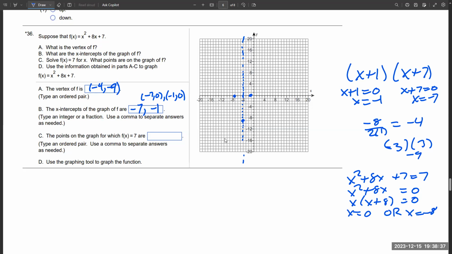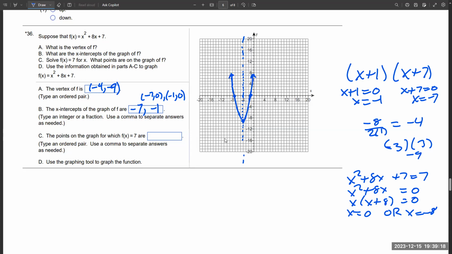So we can come down here to -7 and say that it's +7, and that's when x equals 0 or x equals -8 right here. So those are additional points that are going to be on my graph. I've got 5 points to help me sketch this graph, which is usually what I want.